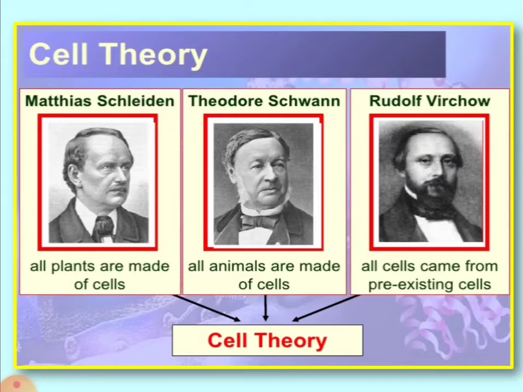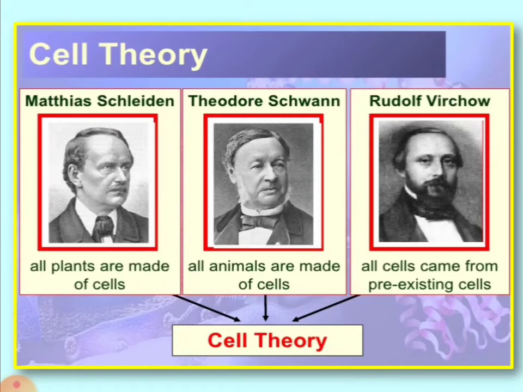Later on, advance in technology and continued research in the field helped scientists to develop a very important foundational theory of biology, and that is called the cell theory. So yes, in the year 1838, Matthias Schleiden proposed that all the plants are composed of cells, and later in the year 1839, Theodor Schwann, 1810 to 1882, the German zoologist, independently confirmed that all the living things, both plants and animals, are made up of cells.